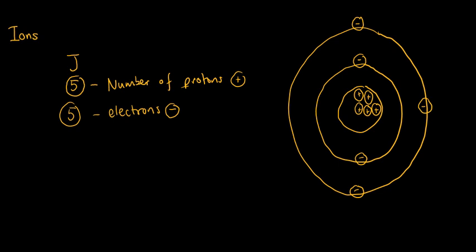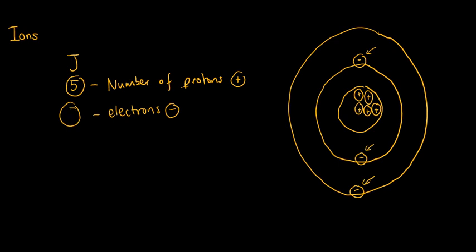Okay, so what can end up happening is during a chemical reaction, electrons can either be lost or gained. So let's imagine then that during a chemical reaction I lost 2 of these electrons. So if I lost 2 of these electrons, my electron number has now changed to 1, 2, 3.